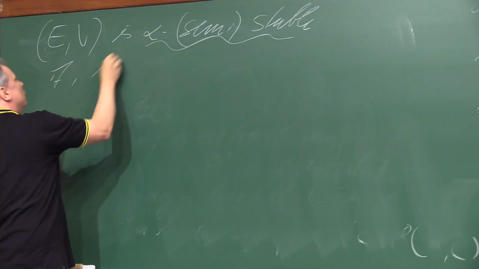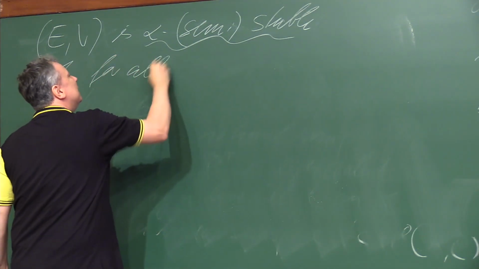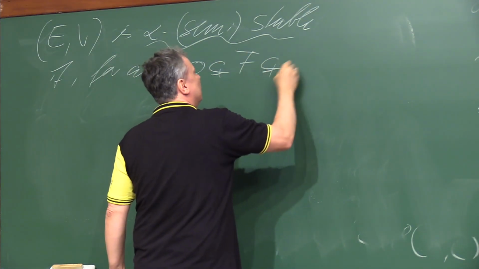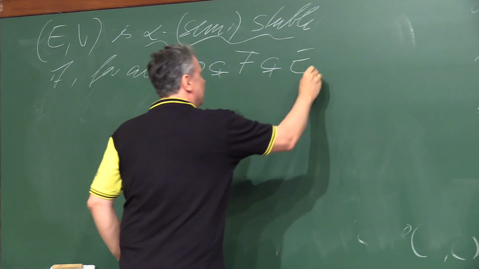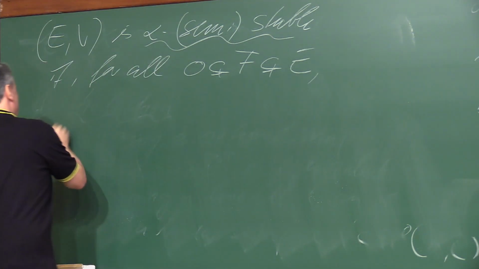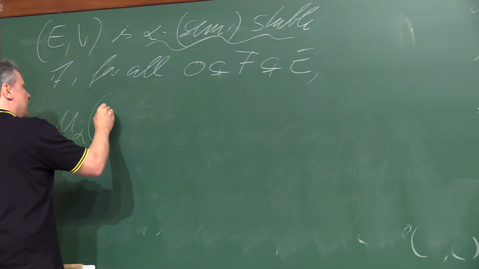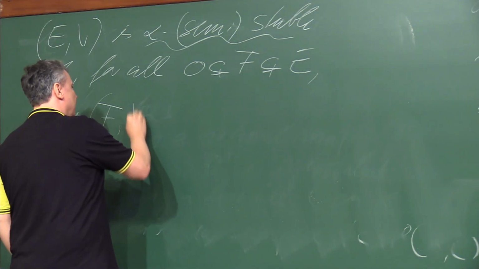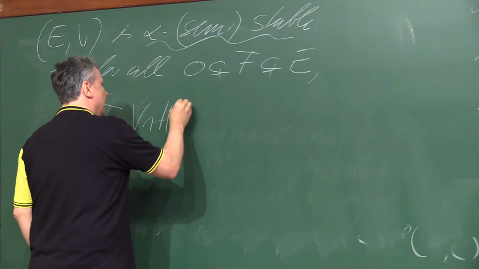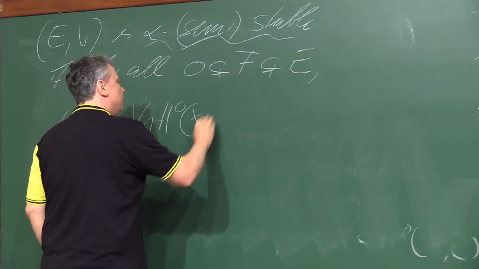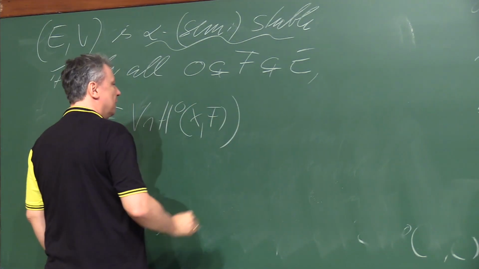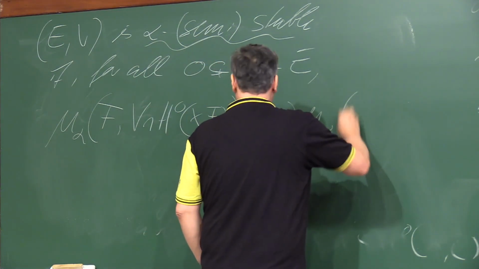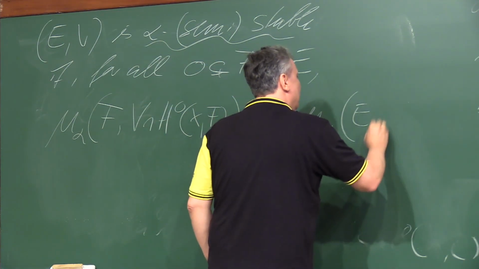If for all subbundles V, which are non-zero and not everything, the alpha slope of F, where you take the intersection of V with the global sections of F, is bounded by the slope of E, V.